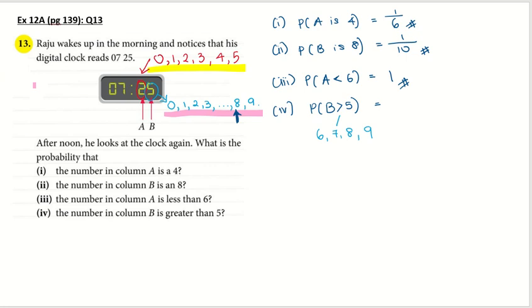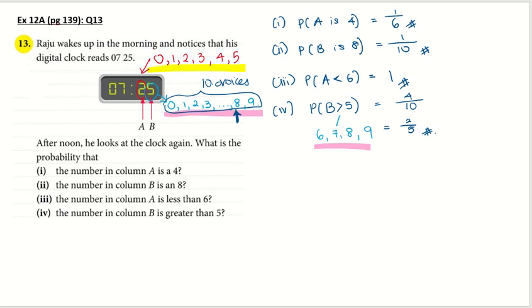So 6, 7, 8, 9 means I have 4 choices out of a total of 10 possible numbers. So my probability is 4 out of 10, which gives a simplified fraction of 2/5.